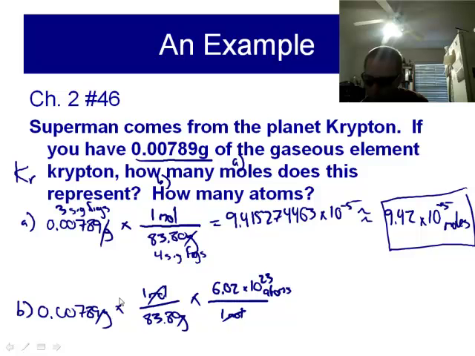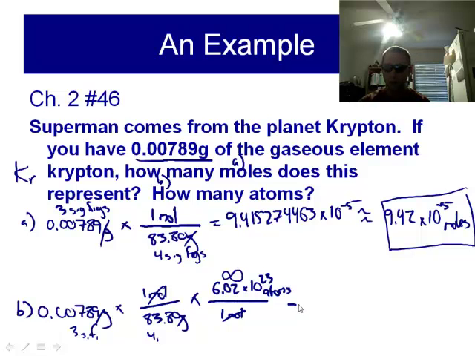Now again, if we're going to round our answer, guys, okay, we see this number that we're starting with has 3 significant figures. This one has got 4, and this one right here, we're going to say is infinite, actually. The mole to particle conversion we'll say has infinite sig figs for the purposes of calculation.